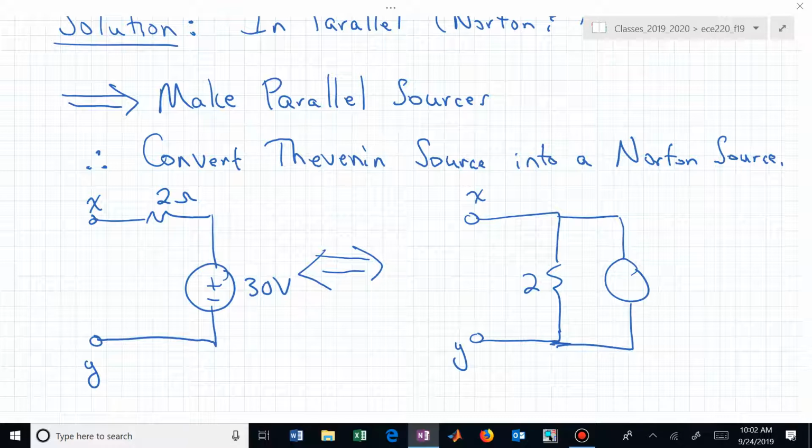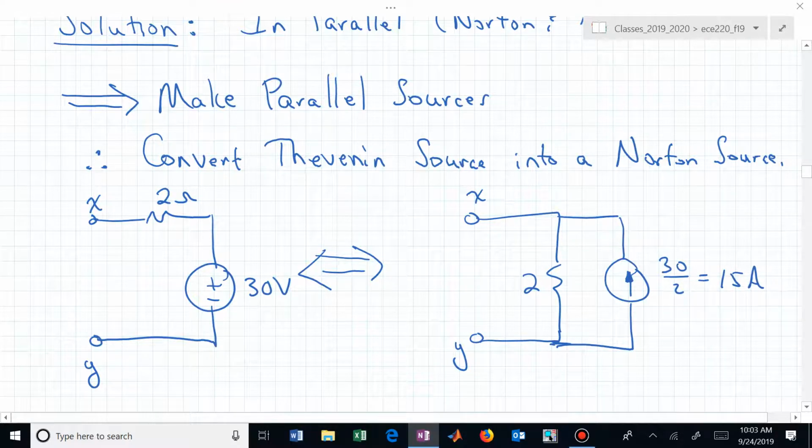Where's the arrow pointed, up or down? It's going to be consistent with the polarity of our voltage source, so you have a current source going up. And what's its numerical value? V over R, which is 30 over 2. That's now 15 amps.